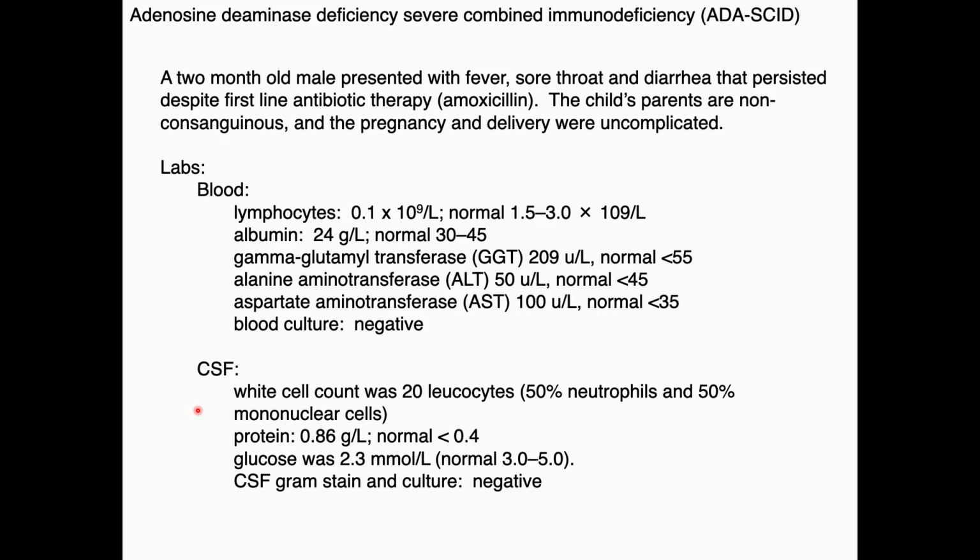High protein in the cerebrospinal fluid and low glucose in the cerebrospinal fluid. Did Dr. Diebel talk about CSF infections and glucose and protein in the cerebrospinal fluid? Okay. That's a consequence of meningitis.